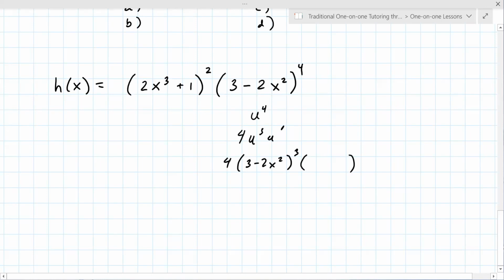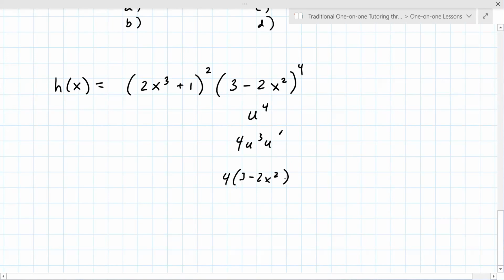This is u to the 4th, and so your derivative is 4u cubed u prime. And just looking at this part here, that's 4 times 3 minus 2x squared cubed.